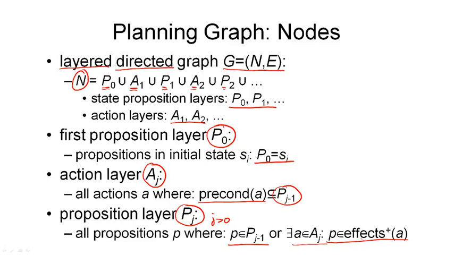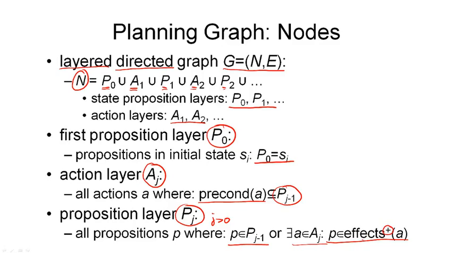Note that we ignore the negative effects of the action here, so we only look at the positive effects. We do not remove the negative effects from any layer ever. An interesting observation here is that the layers must be monotonically increasing from proposition layer to proposition layer and from action layer to action layer. So for proposition layers, this is quite easy to see. We always take over the propositions from one layer to the next and possibly add new propositions to that next proposition layer.